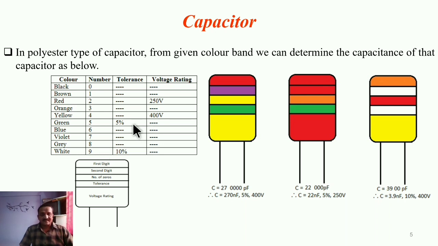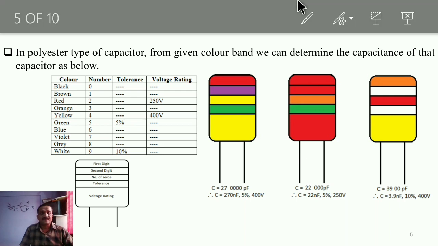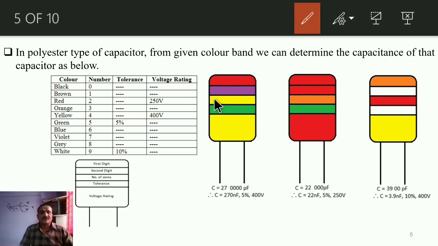The tolerance is given only for green and white colors, while you will observe there are only two colors assigned for the voltage rating of the capacitor. This polyester type of capacitor has voltage ratings also mentioned on it. So if it is red, then that capacitor is a 250 volt capacitor.